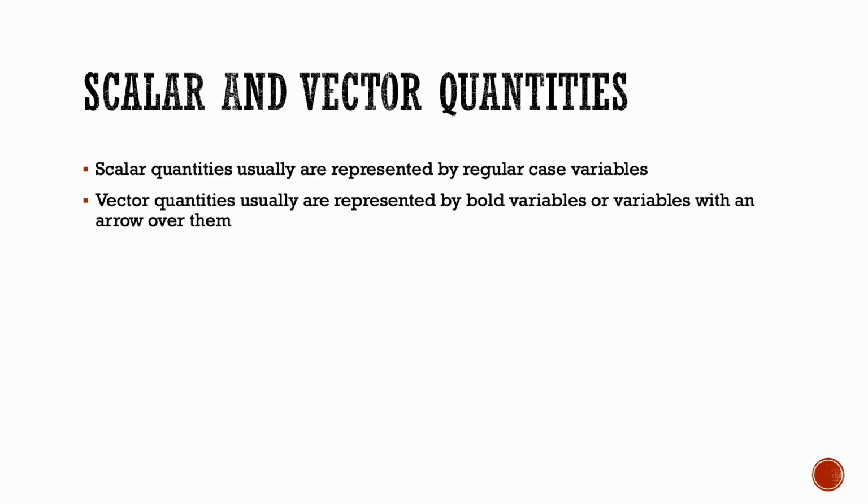So for example, if we had, say, distance, which is scalar, our textbook would have a symbol like that, where displacement, which is a vector, we would have something much more bold looking or having an arrow over top of it. So that's just notation to know when reading through your textbook.